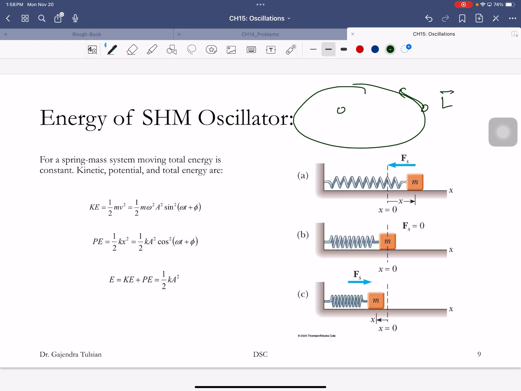Angular momentum for the planet was constant. That was Kepler's second law. Kepler, of course, didn't state it that way. He said that the planet covers equal areas in equal time intervals. So again, in various kinds of motions, we are looking for constants of motion.